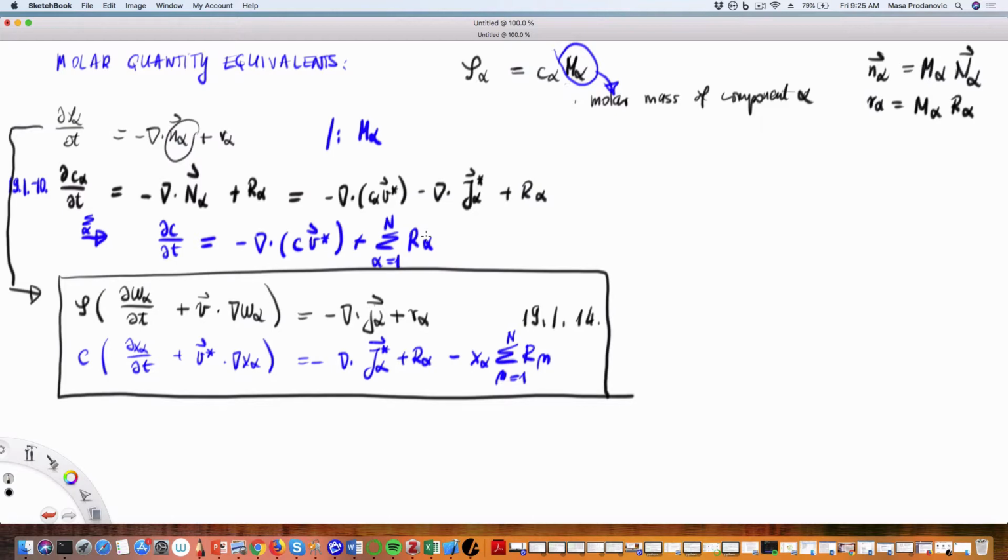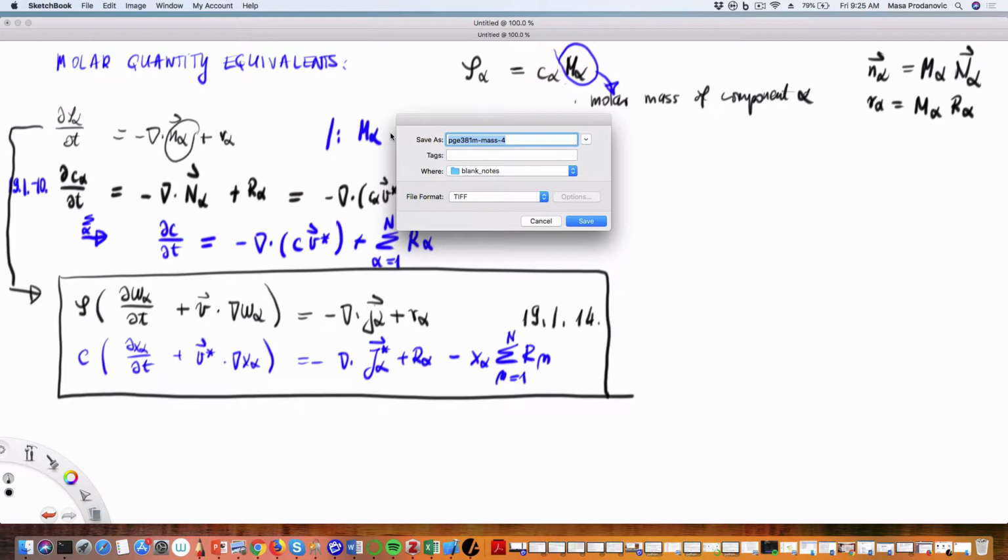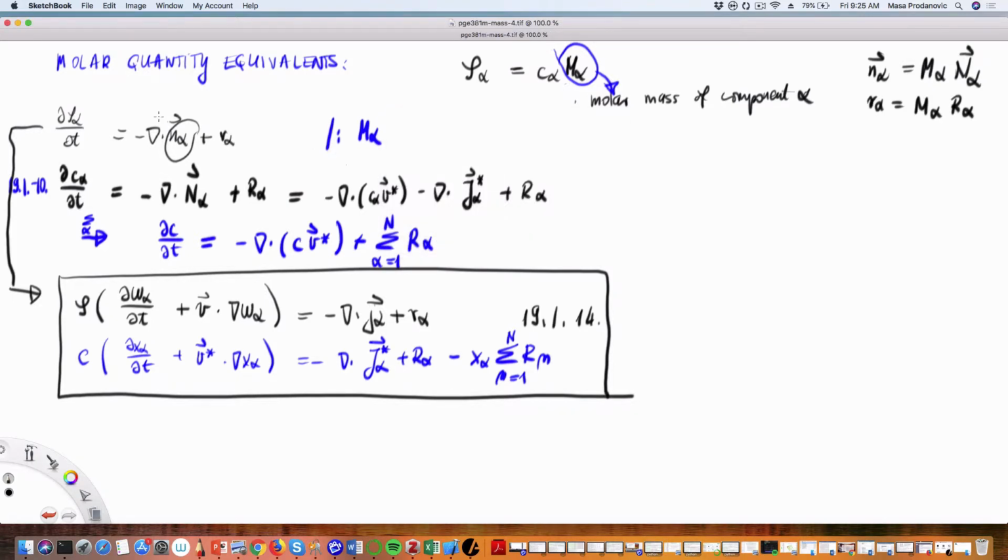Okay? So we're now going to introduce a problem, and I'm going to solve it using both equations of change and shell balance just to see the difference. So this is example 18.2 in the textbook.